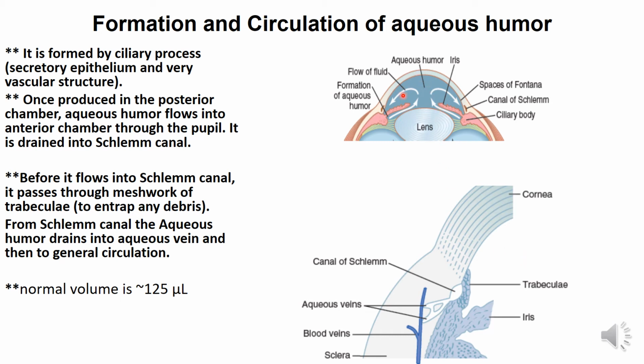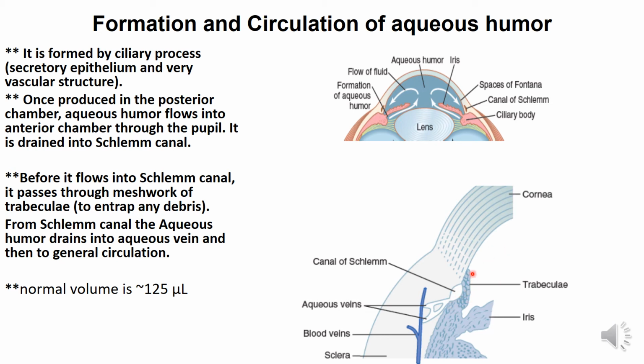So let us see the circulation or drainage of the aqueous humor. This part is enlarged to this part, this one. As you can see, this is the cornea, this one and this one. And we have a canal called the canal of Schlemm, and the aqueous humor is drained into the canal of Schlemm. You can see there are trabeculae between the anterior chamber and the canal of Schlemm.